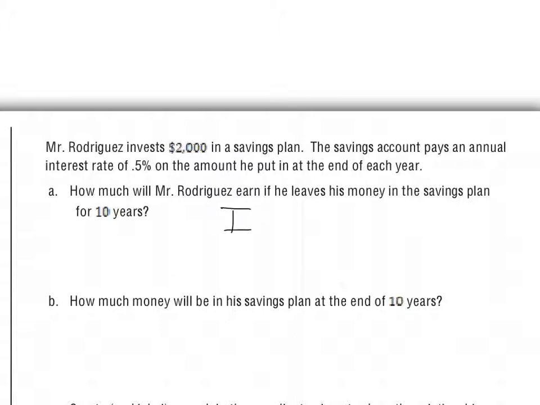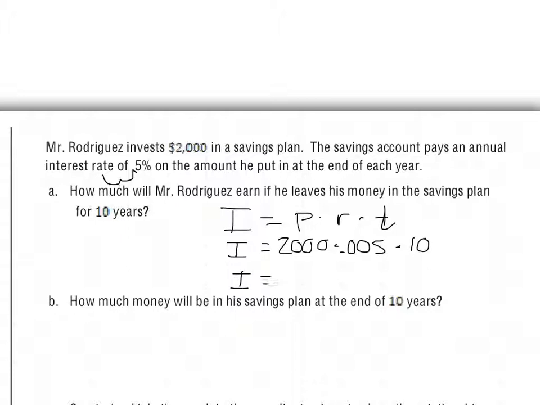So our equation here, I is equal to principal times rate times time. Investing, we're letting somebody else borrow $2,000. Rate is 0.5, so that's 0.005. Very low interest rate. Times time is 10 years. We can throw that into the calculator. And that's going to give me that the interest is equal to 100.